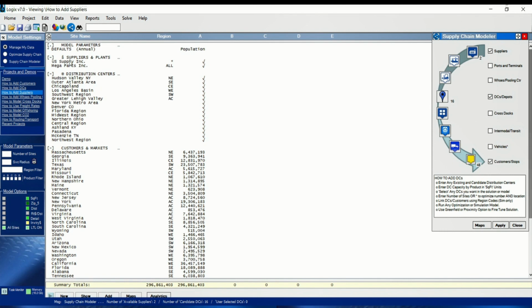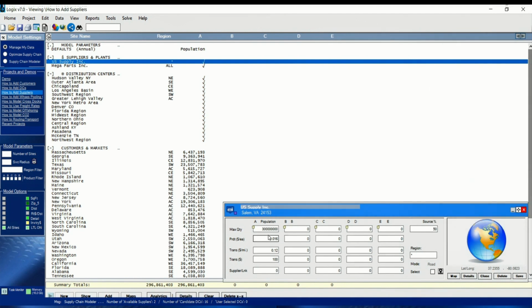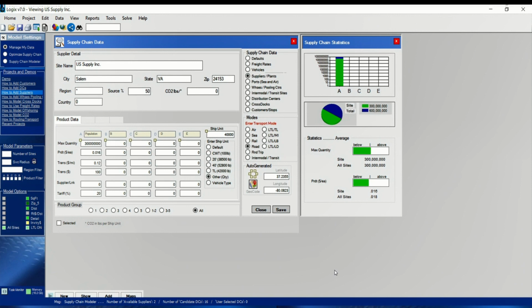Now, if we click on each of our suppliers to take a look at a little bit more detail, again, we see maximum quantity, product cost, transportation, variable, and fixed. And if we click on details, we can see here that our transportation is road and our ship unit is 40,000 pounds.